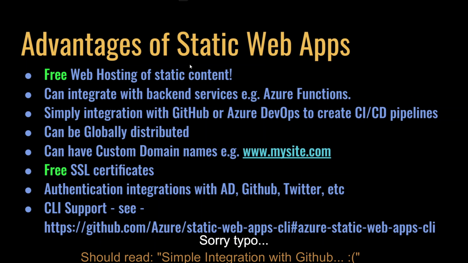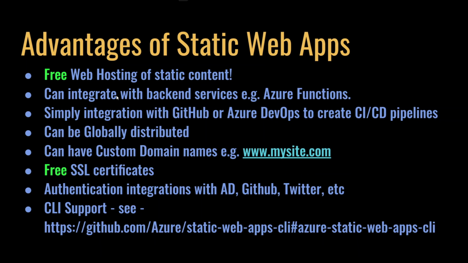Some of the other advantages of static web apps, also known as SWAs: they can integrate with back-end services. So we've got a load of static content, but we can make HTTP RESTful calls, for example, to some sort of third-party web service or Azure function, to retrieve some extra data that we can inject back into our static content.